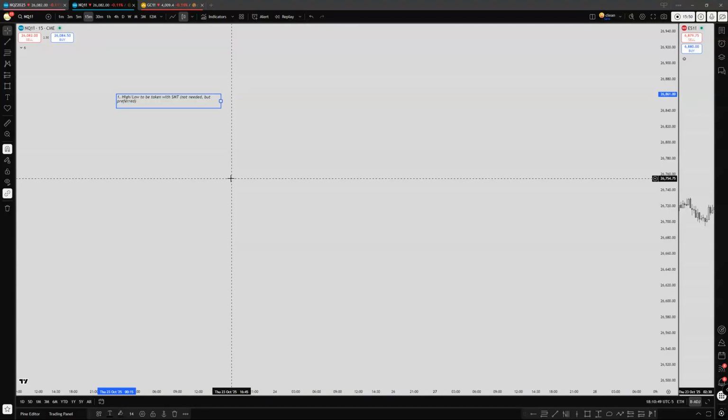And then you want to look for your manipulation leg with a breaker, and that's the most important part. And you'll mark this out from low to high and vice versa to the higher low with the breaker.